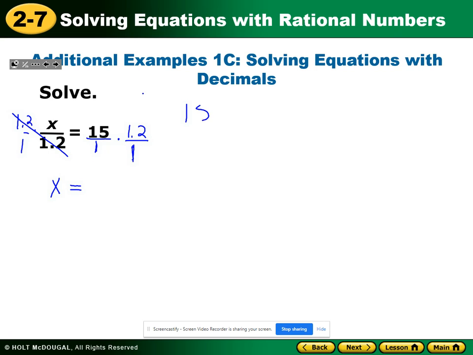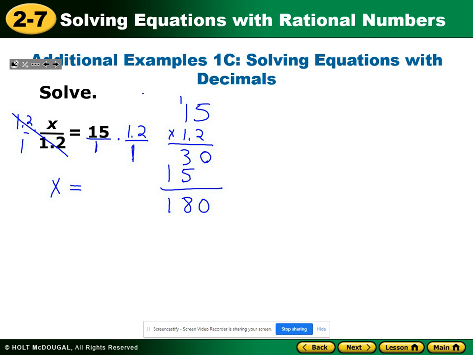So 15 times 1.2, 2 times 5, that's 10, put the 0 down, put the 1 up there. 2 times 1 plus 1, that's 3. 5 and 1. So I get 180.